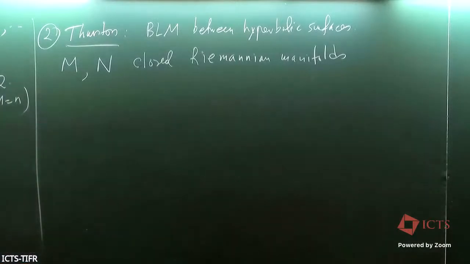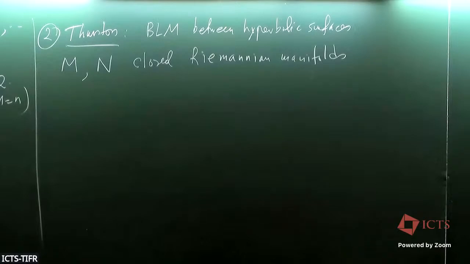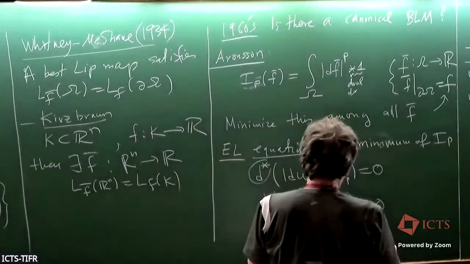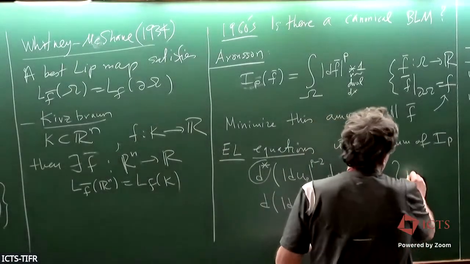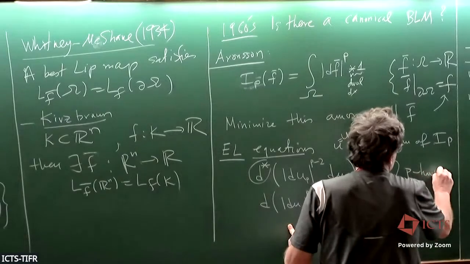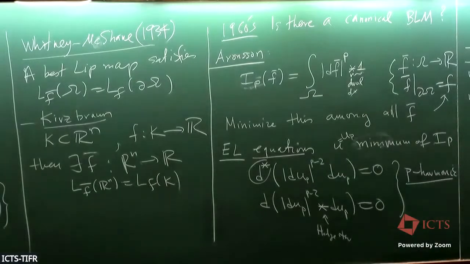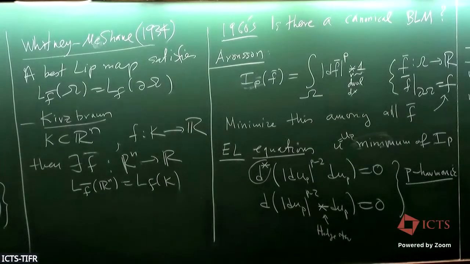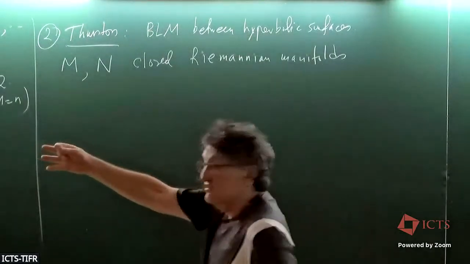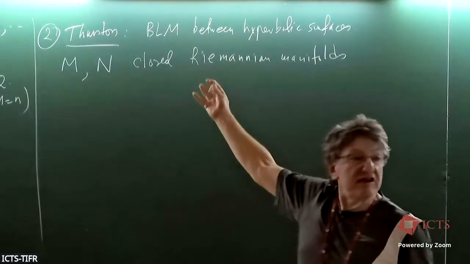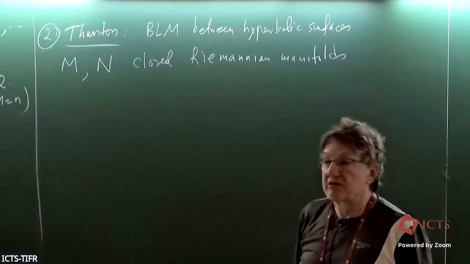These minimizers here are called P-harmonic, and this map is called infinity harmonic. So we want to construct the analog of this construction now for the nonlinear case, which will apply to Thurston.